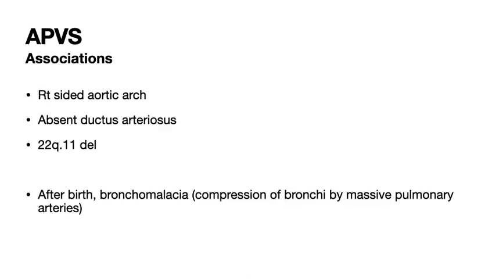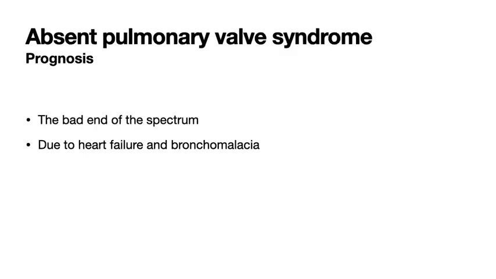And again, you've got associations with other structural things, right-sided aortic arch, absent ductus arteriosus, and 22q. The other thing you can see in absent pulmonary valve syndrome is bronchomalacia, meaning softening of the bronchi. They're compressed by these massive pulmonary arteries, and these babies can have difficulty breathing.